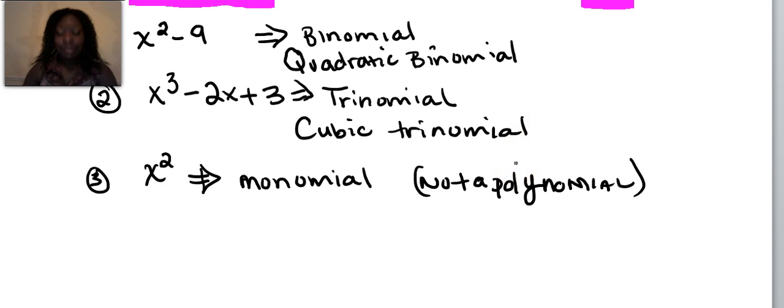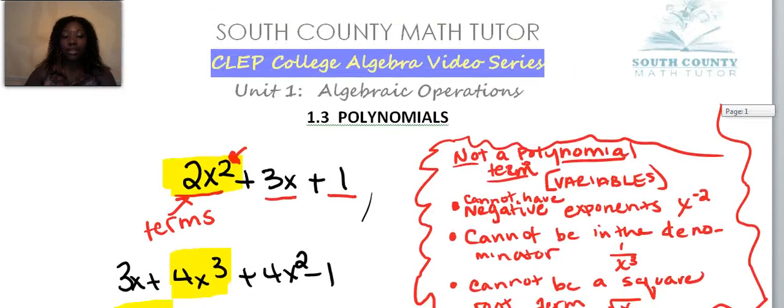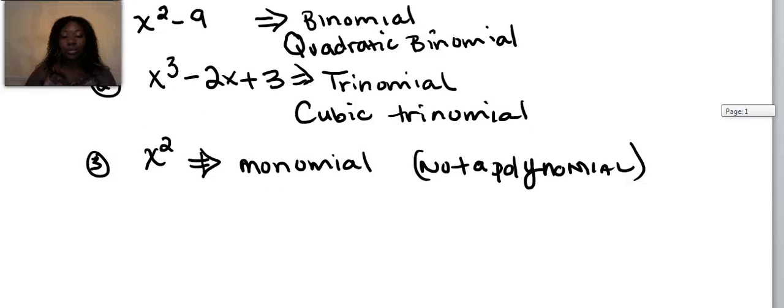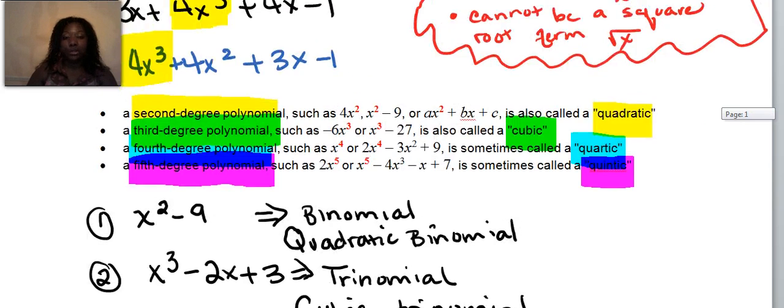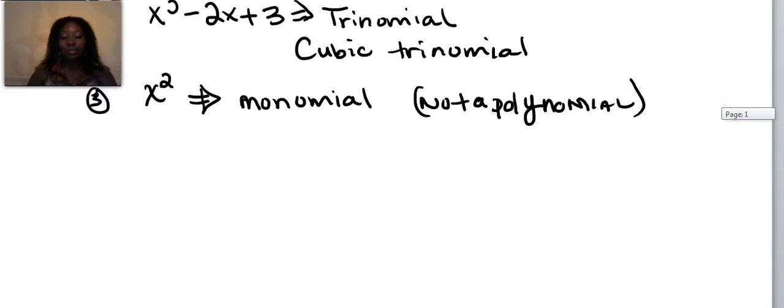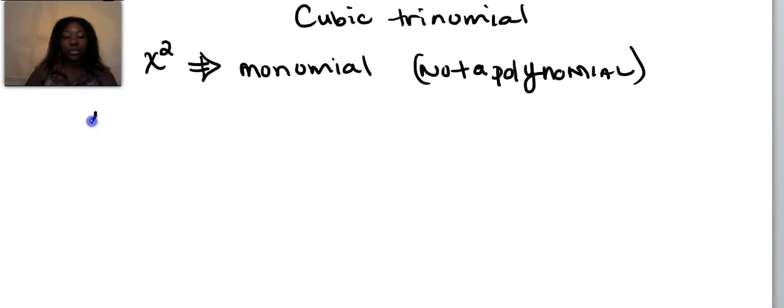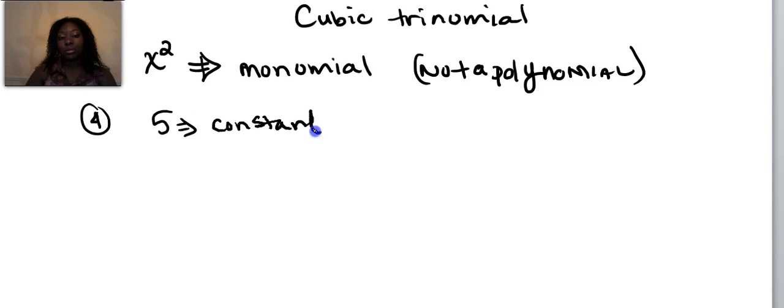So therefore, it is not a polynomial. And if you ever have a number, it is called a constant. Whenever we have numbers, we call those constants. For example, 5 is a constant monomial. It's not a polynomial, it is a monomial.